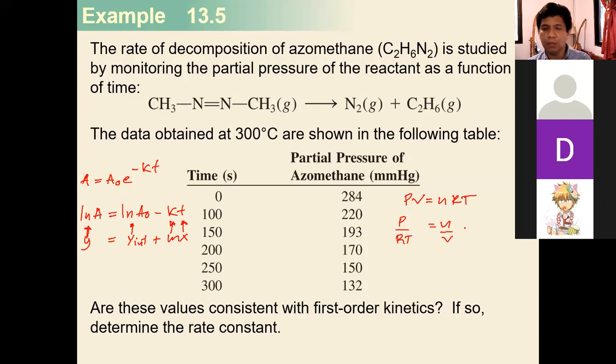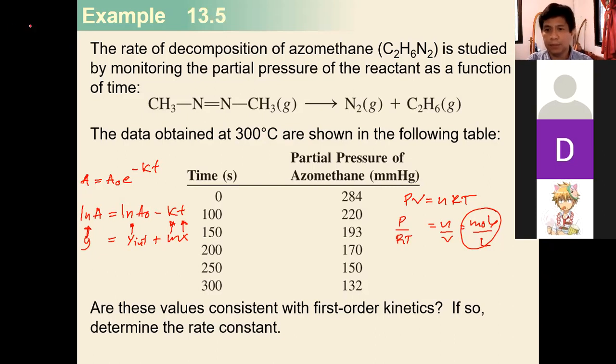If the unit of n is mole, and R is 0.08206, then n is in moles and V, the volume, is in liters. So mole per liter, what is this the same as?